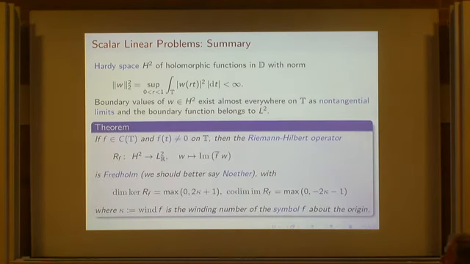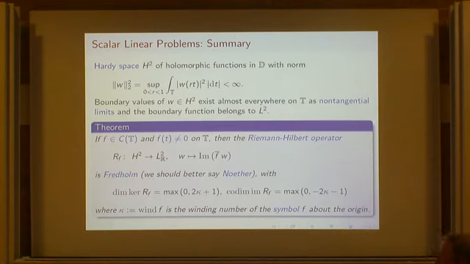HP-LP spaces or H2-L2 spaces, and we can introduce a Riemann-Hilbert operator which maps W to the imaginary part of F bar times W. And the main result is that this operator is Fredholm. In fact, it would be better to say Noether, because Fredholm had no index. It was Noether who introduced the index.